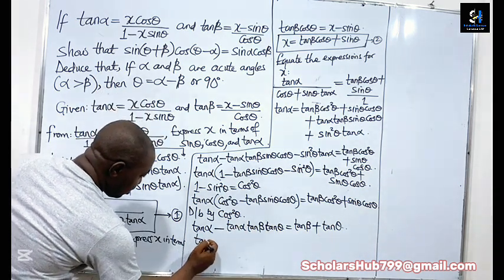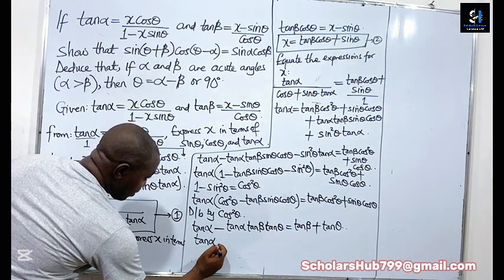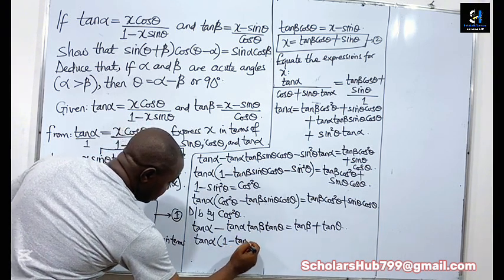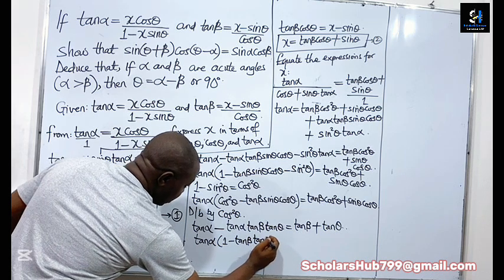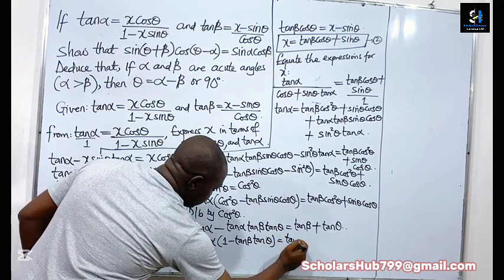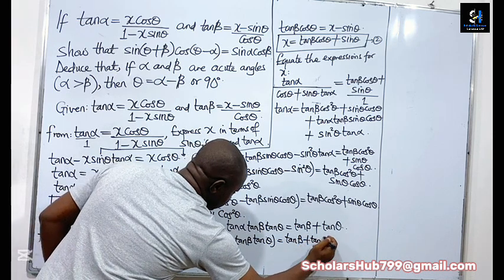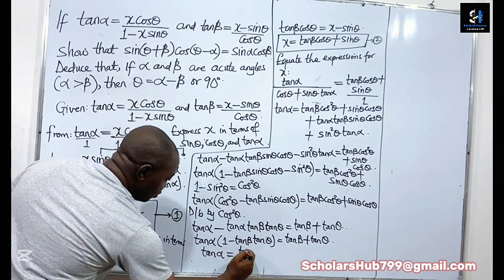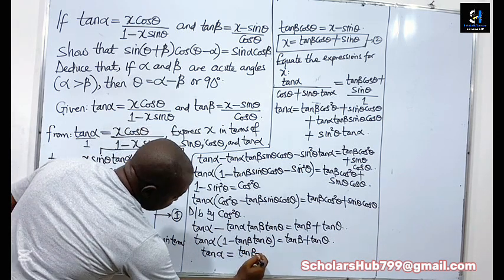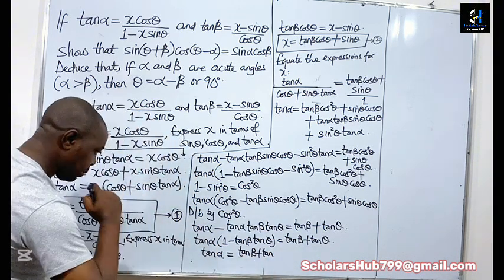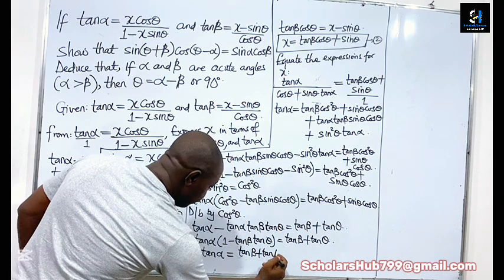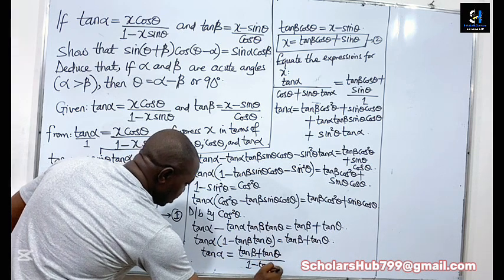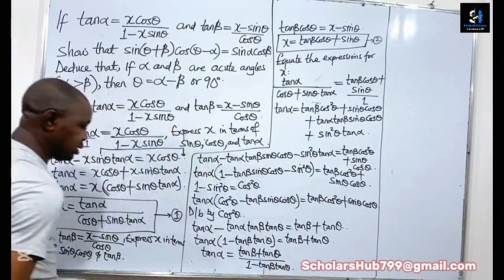We have tan alpha, parentheses 1 minus tan beta tan theta, to be equals to tan beta plus tan theta, so that tan alpha will be equals to tan beta plus tan theta over 1 minus tan beta multiplied by tan theta.